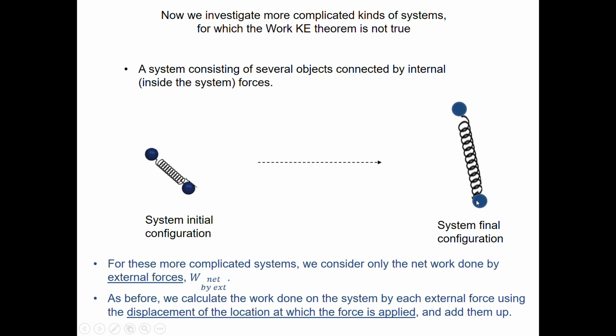So we only look at the displacement of the location at which each external force is applied when we're calculating the net work done on the system by external forces. That's good to keep in mind as our systems grow in complexity.